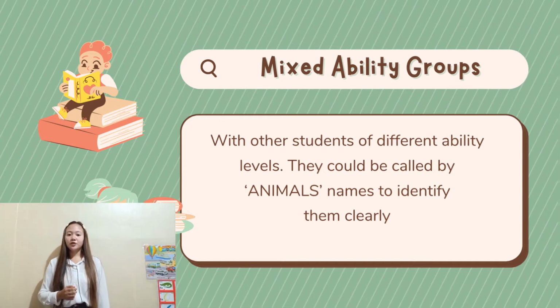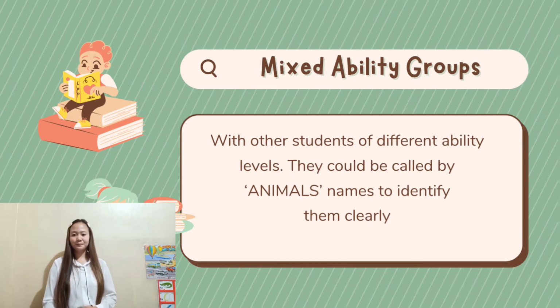To put it another way, students of different abilities are taught in the same classroom as others. As a result, the mixed ability group contains members of various skill levels. To make it easier for us to recognize a group, we can use animal names to identify them.